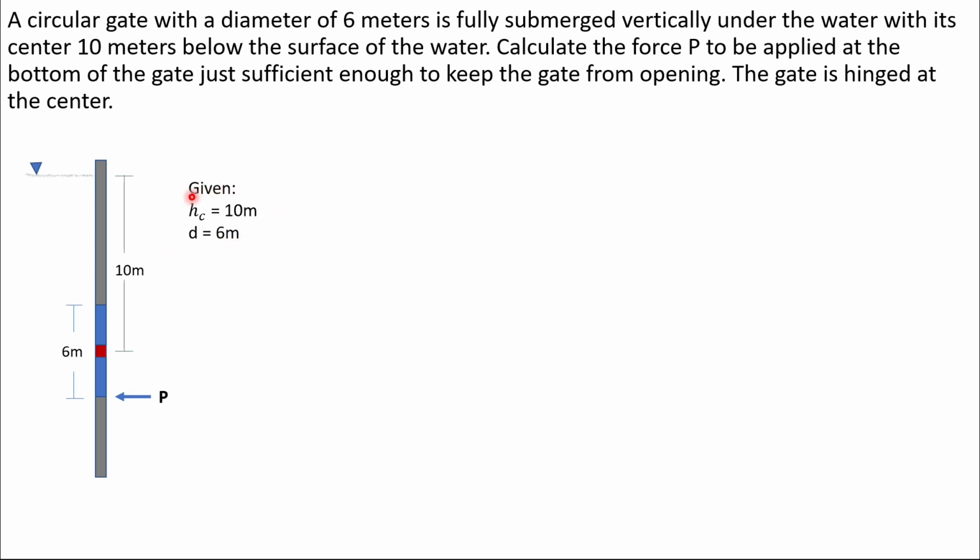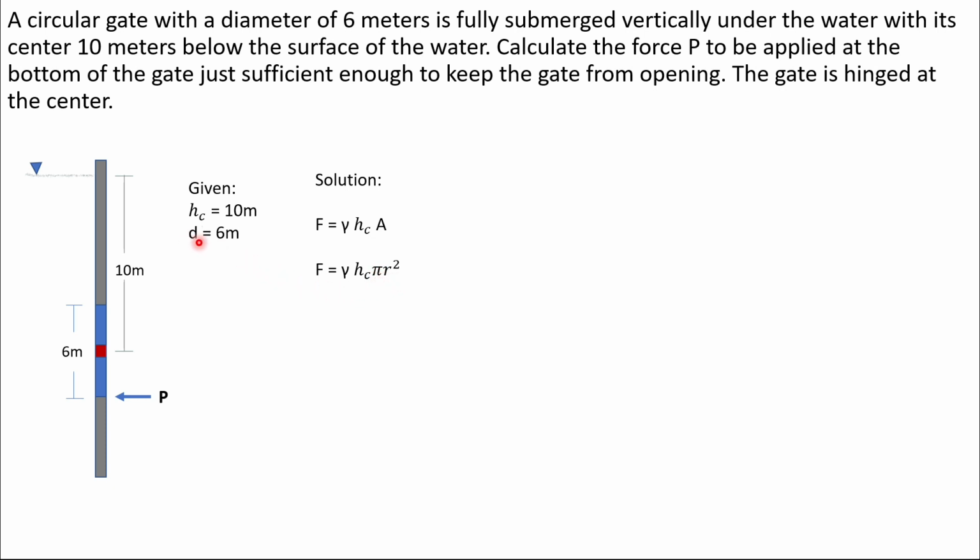Now we are going to use this given to solve for the value of F, or the force exerted by the water on the gate. So we have F is equal to specific weight times Hc times A, in which this gamma is the specific weight, this A here is the area of our gate, and our area is equal to pi r squared.